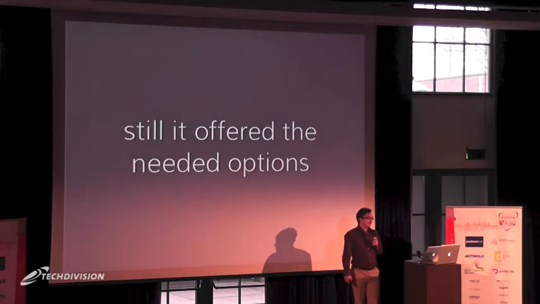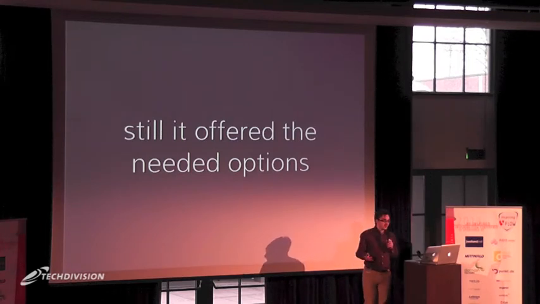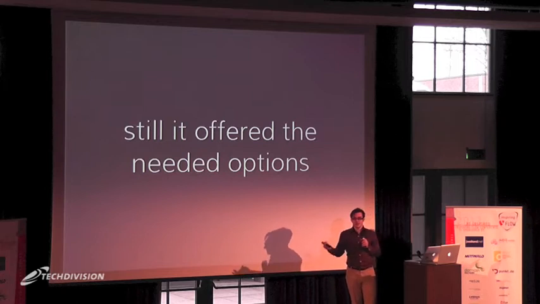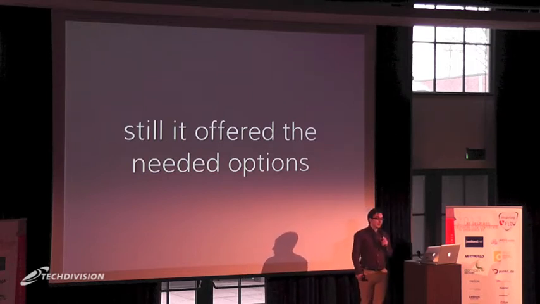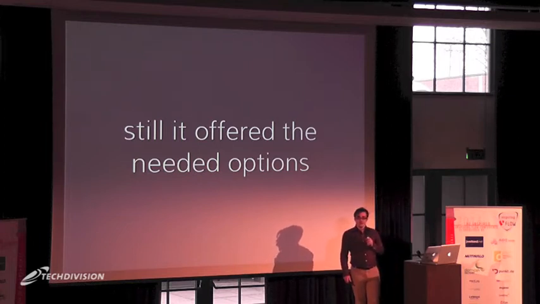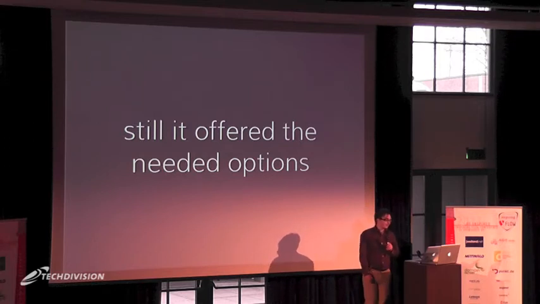And still, it offered all the options I needed. I could see there's conditions, I could do a condition for day and night time and change the rendering. I could change, based on some parameters, the design of the website. So I could feel it could work out with that system.